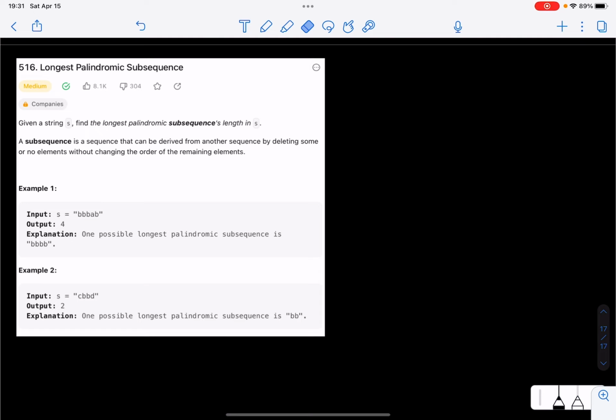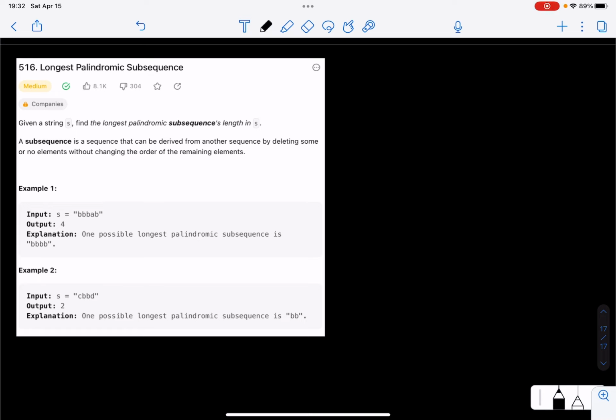In the next example, we see CBBD, where one possible palindromic subsequence is BB and is the longest, so the answer is 2. When we look at subsequence questions, it mostly pertains to solving by dynamic programming, specifically 2D dynamic programming.